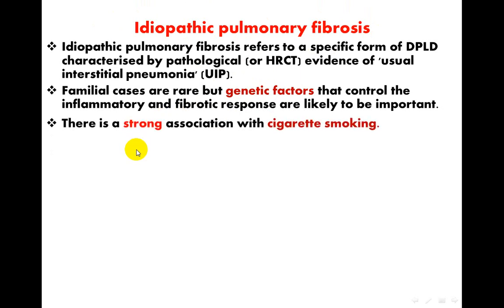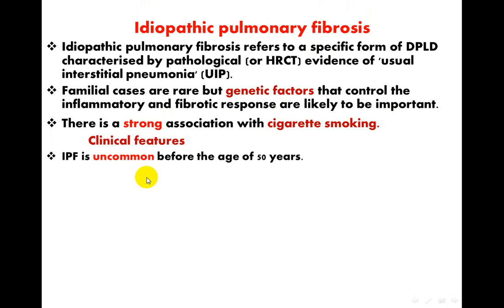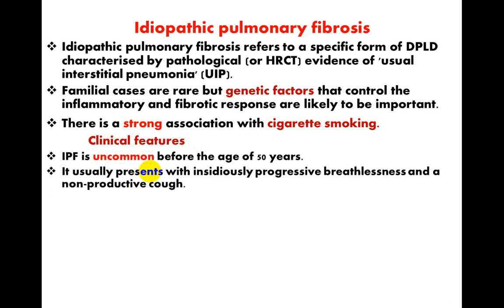There is a strong association with cigarette smoking. It's very important: cigarettes are strongly associated with idiopathic pulmonary fibrosis. What about clinical features? First, the disease is uncommon before the age of 50 years. The usual presentation is insidiously progressive dyspnea and non-productive cough.